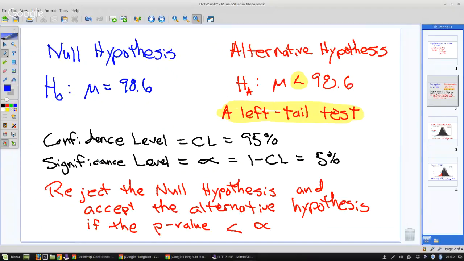If that is smaller than the significance level, then we get to reject the null and accept the alternative. Now we can't prove either the null hypothesis or the alternative hypothesis. All we can do is say there's evidence that we can even reject the null. Otherwise, what we can do is fail to reject.